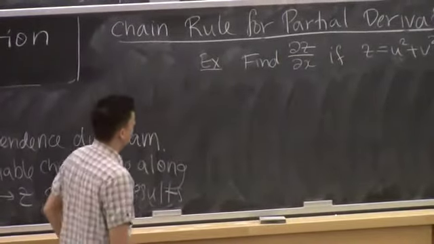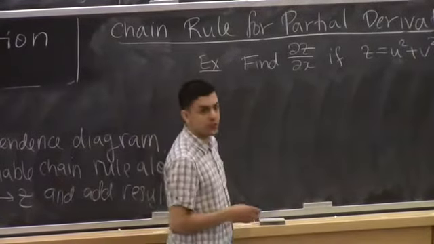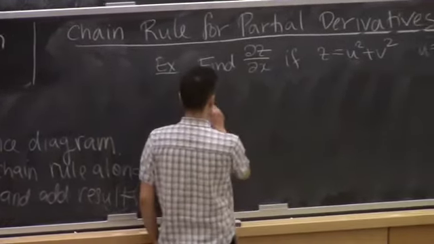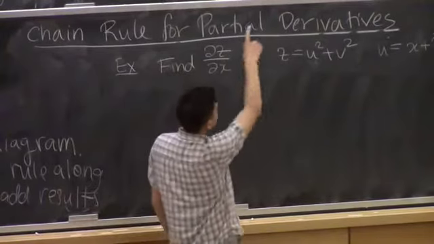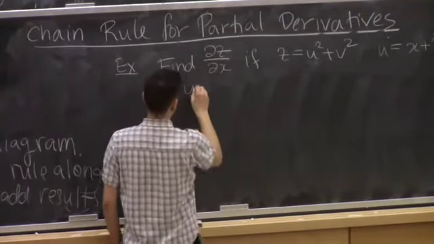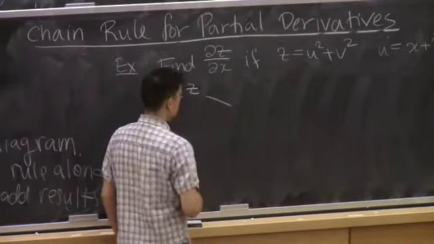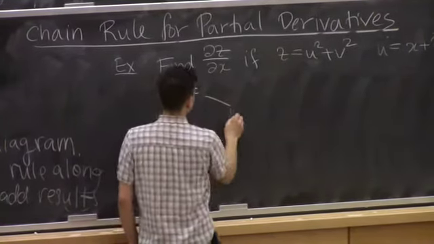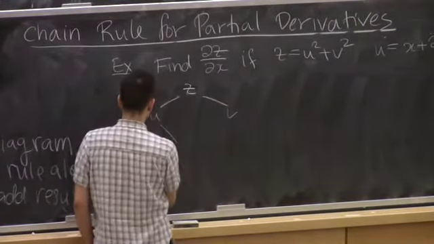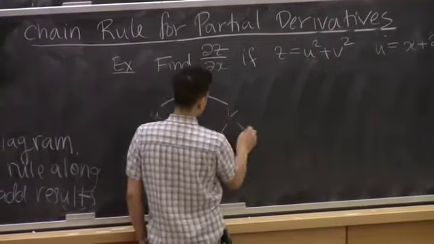Okay, so what's the variable dependence diagram look like now? It's the same diagram here. Z depends on u and v. U and v depend on x and y.